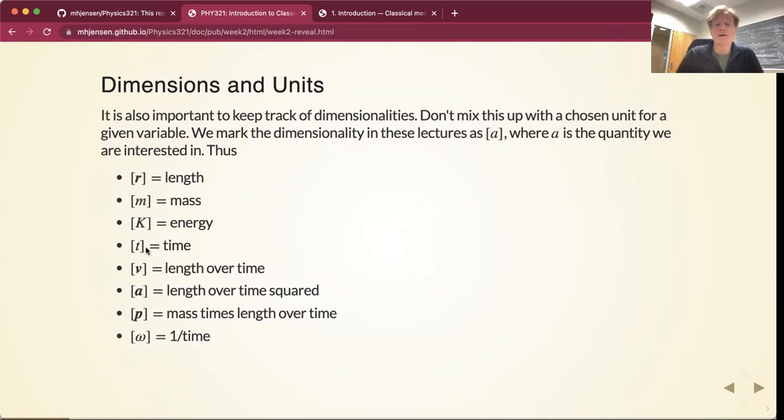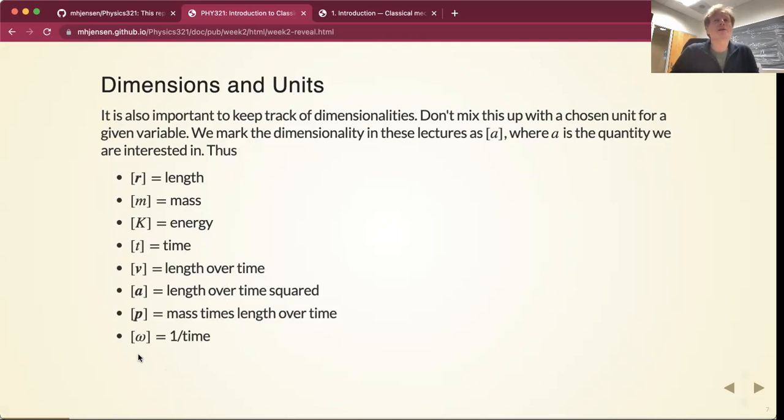And time, given by t here, has the dimension of time. The velocity is length over time. Acceleration is length over time squared. And the momentum is mass times length over time, and the frequency is inverse time.